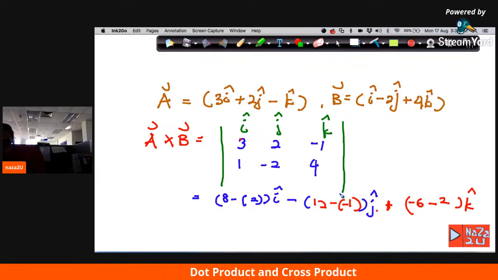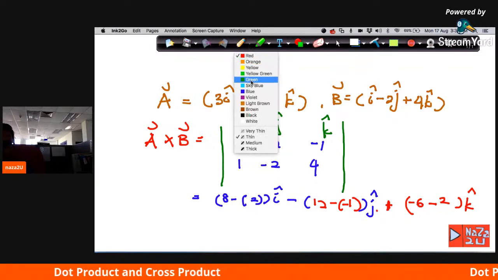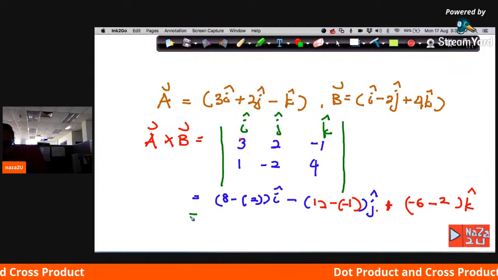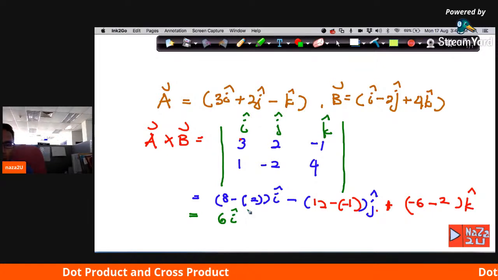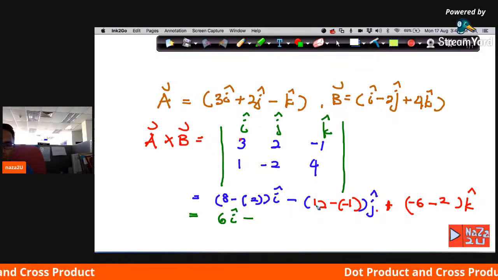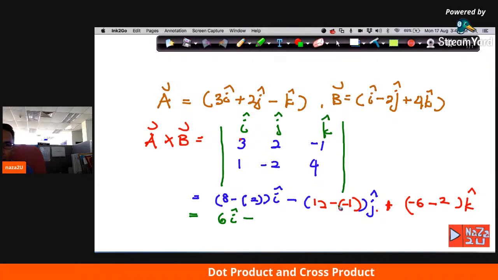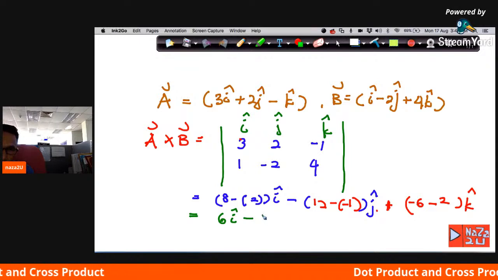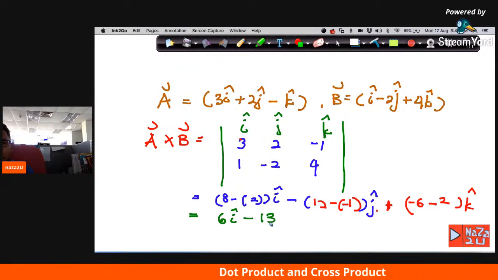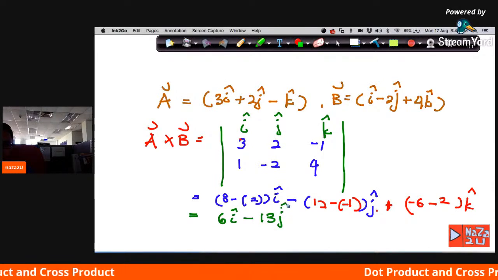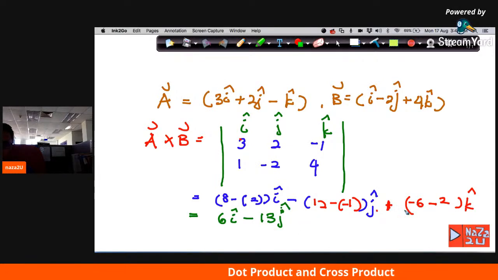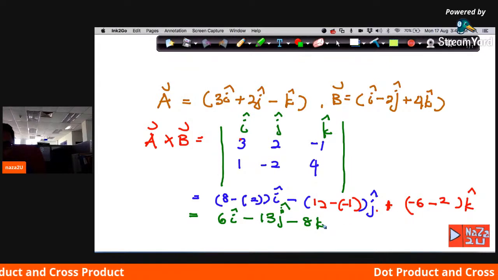Okay, so we can solve it here. 8 minus 2 is equal to 6i, okay, minus, this is 12 minus minus 1, so we have 13j, and we have minus 8k.